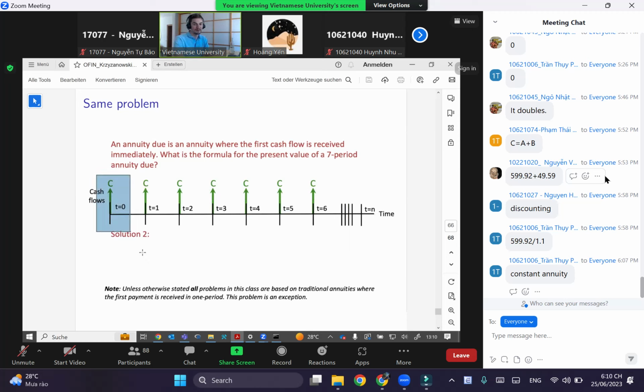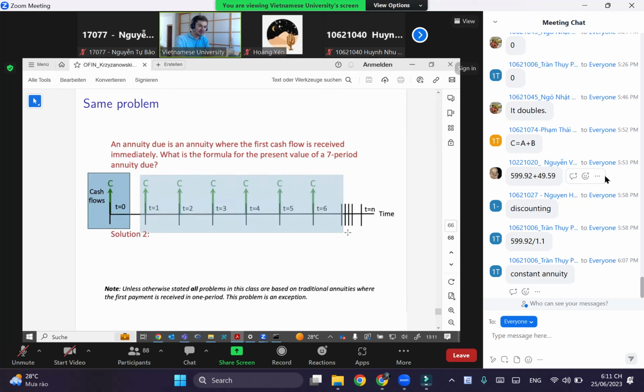So based on the law of one price, the time t value, or in this case the present value of this cash flow stream, is nothing else than the sum of a constant annuity plus the initial cash flow which we receive at the beginning.